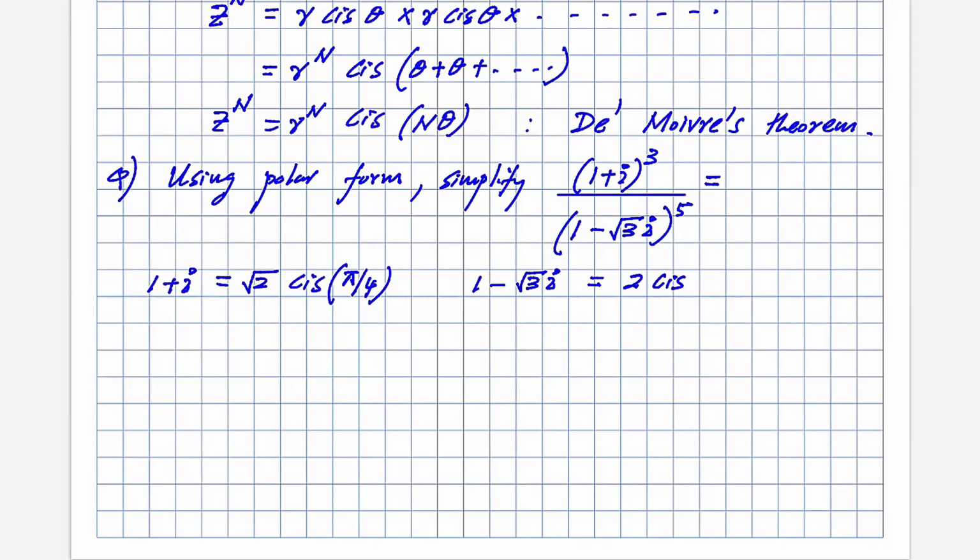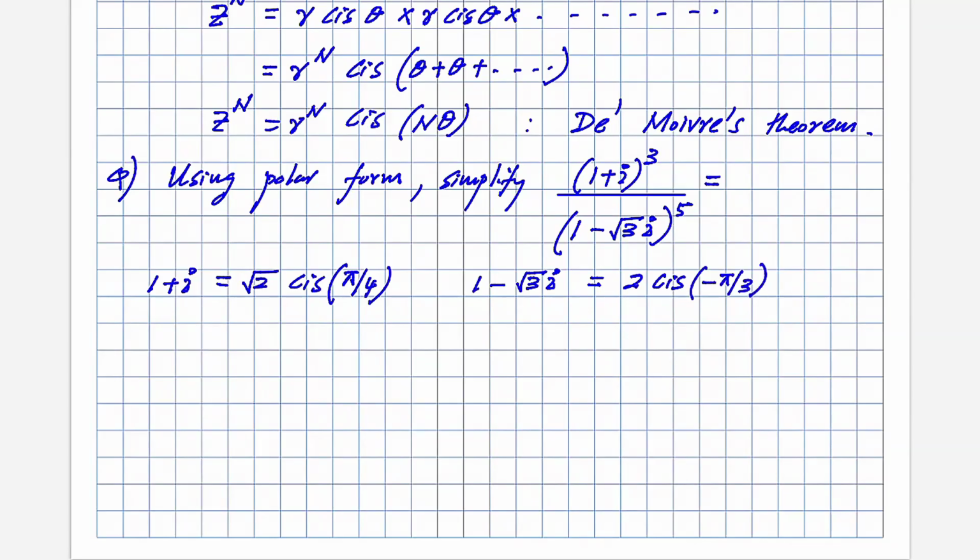No. I think minus pi divided by 3. How do I know? Because if you graph it, there is a minus, right? So y minus means in the fourth quadrant. In the fourth quadrant, if you go other way around, it's going to be minus pi divided by 3.